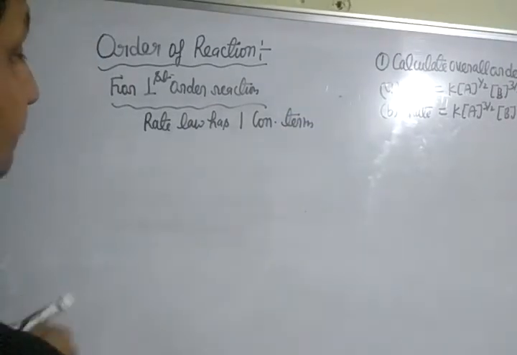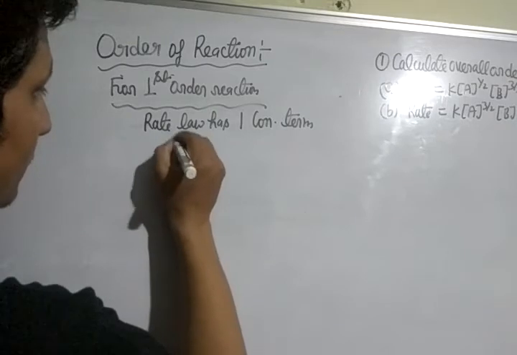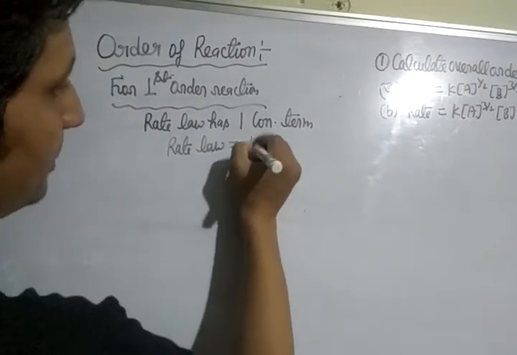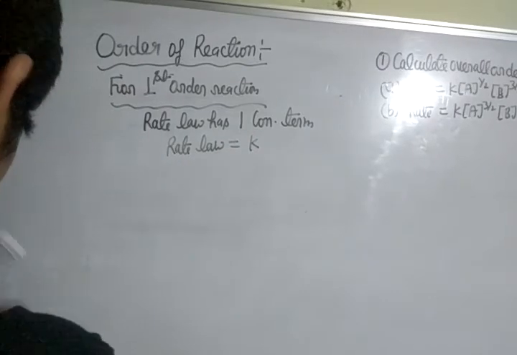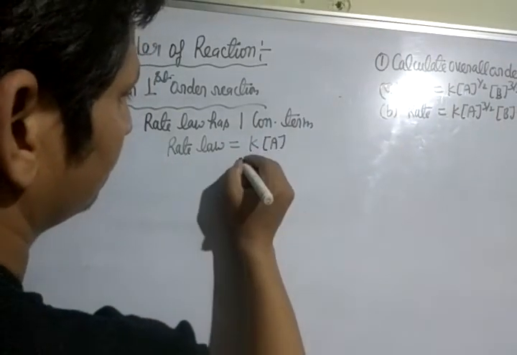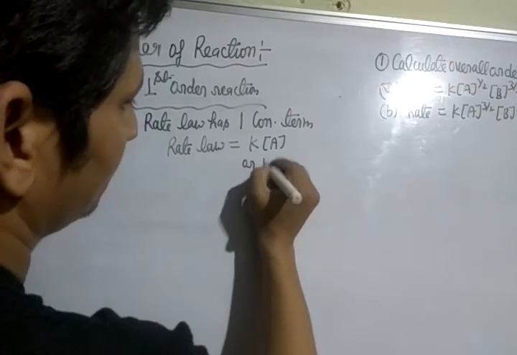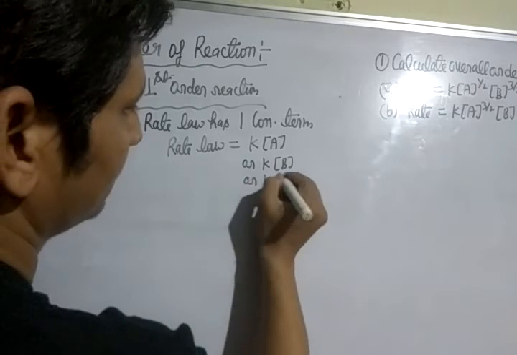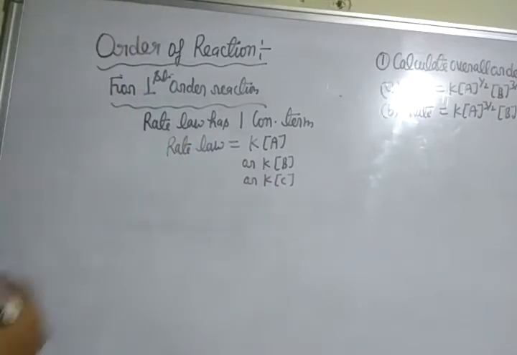Example, rate law is equal to K[A] or K[B] or K[C]. We can take any one.